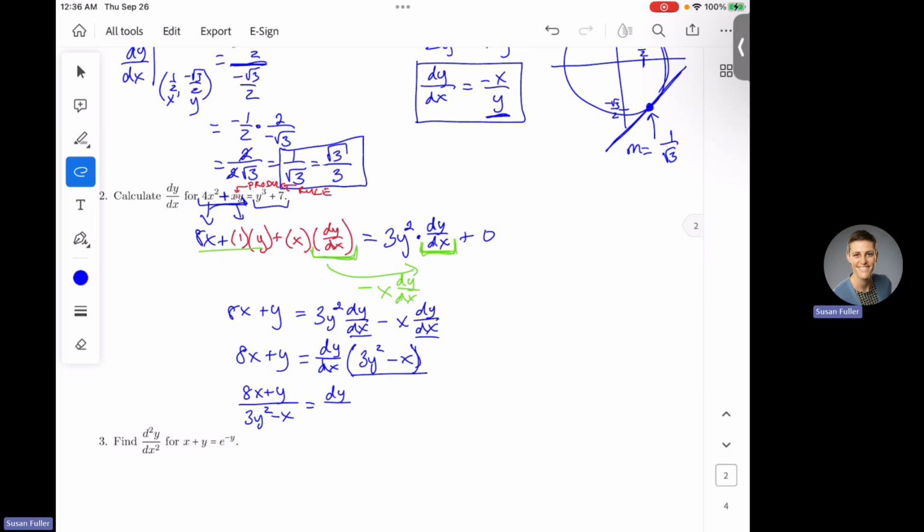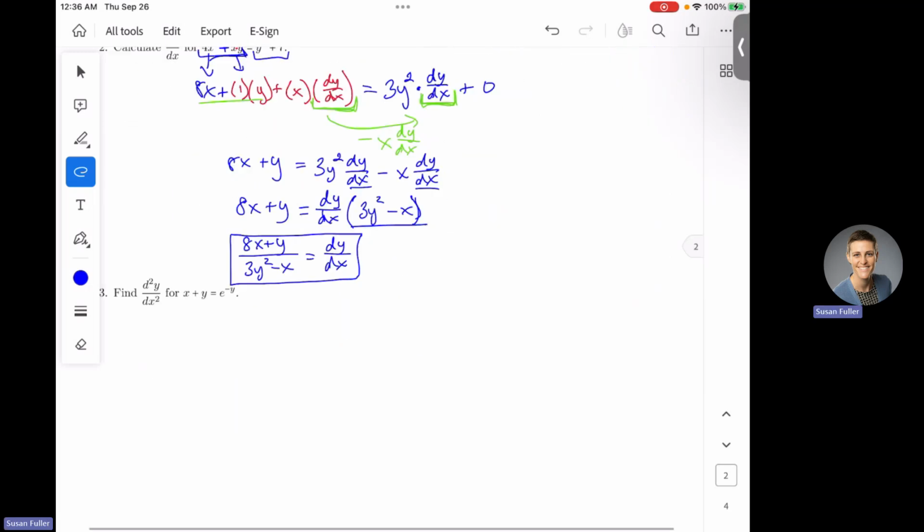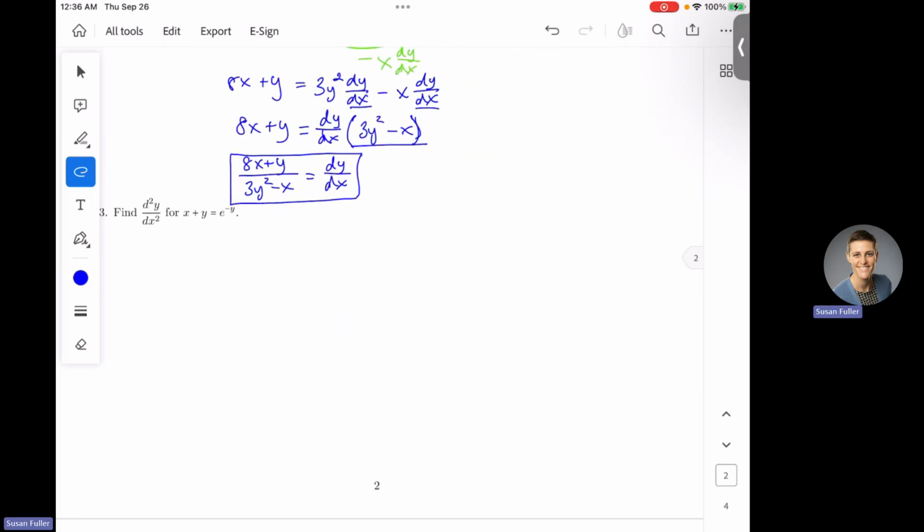That is my dy dx. That's my derivative function. Implicit differentiation. All right. So again, just our usual derivative rules. We're just adding in the step to multiply by dy dx when you take the derivative of something that's not an x.